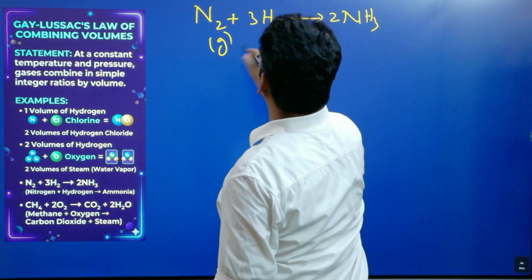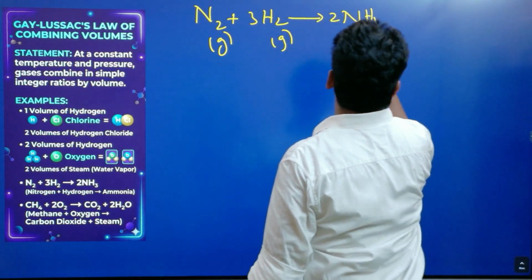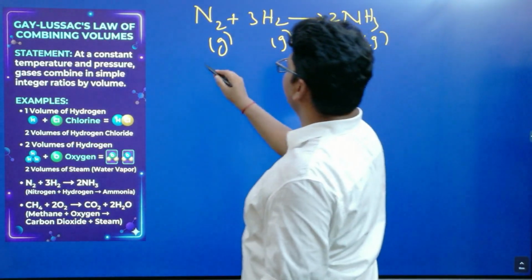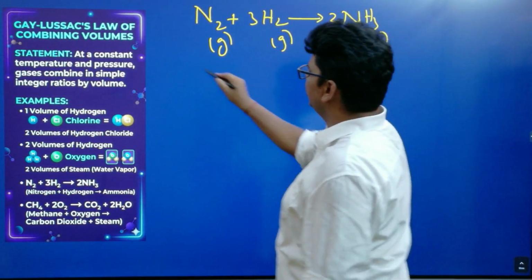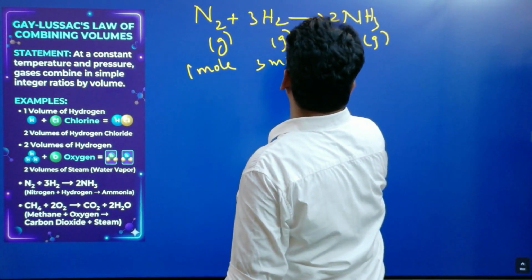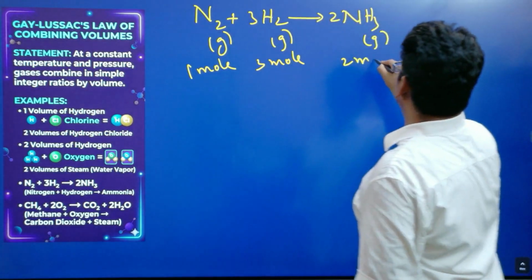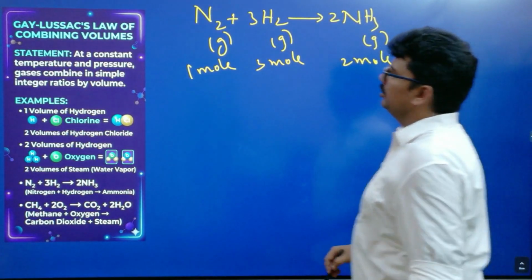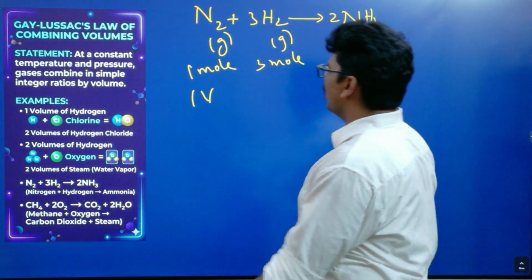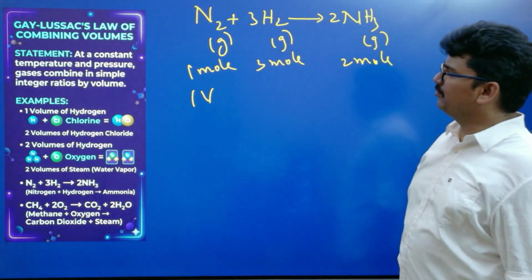We know nitrogen is a gas, hydrogen is a gas, and ammonia is also a gas. This is a balanced reaction. As per the reaction, nitrogen is 1 mole, hydrogen is 3 moles, and ammonia is 2 moles. Let us take 1 mole as 1 volume; at STP it is 22.4 liters.